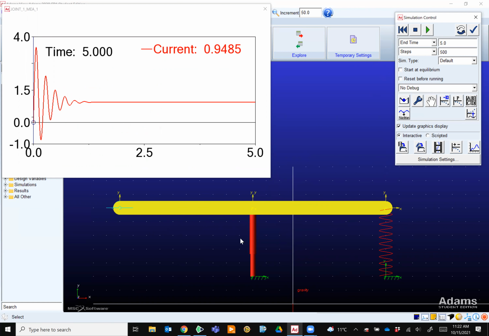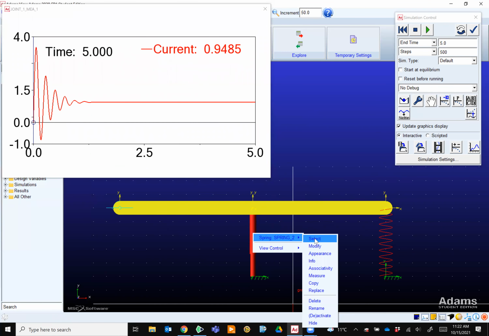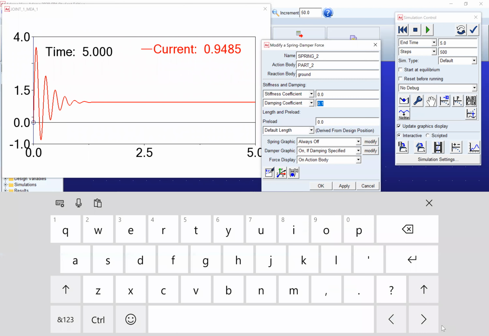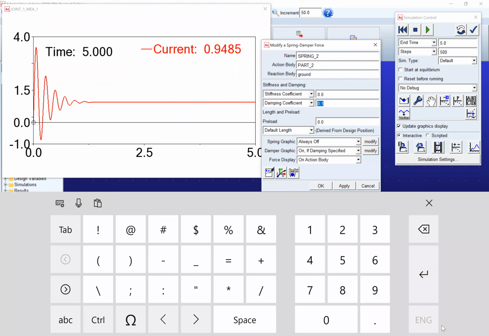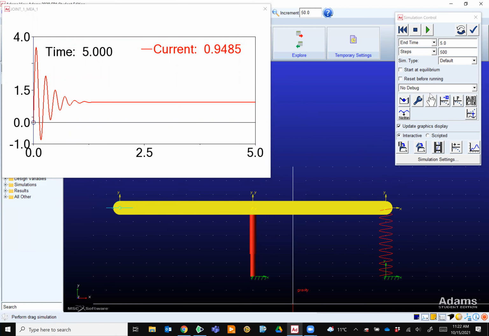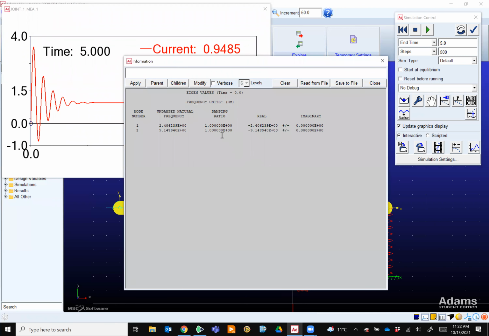And we can even increase the damping ratio to maybe even 10 times higher. I don't know what the critical value is for this system. We need to do some calculation. But before I run it, I can just check my damping ratio, my natural frequency and everything.